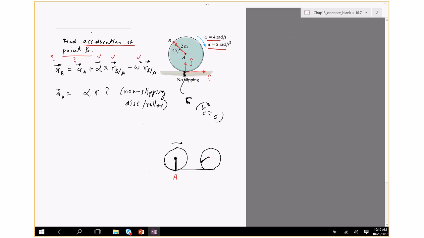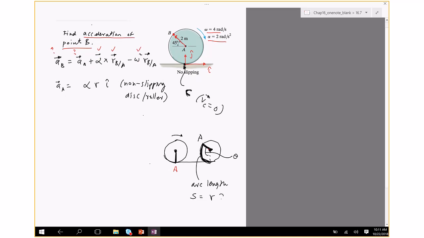Let's say here. Okay, this is the new position of A. So this length here, the arc length, let's call that S. What's the arc length if the angle spanned by this is theta? This is theta. So that arc length is R times theta.